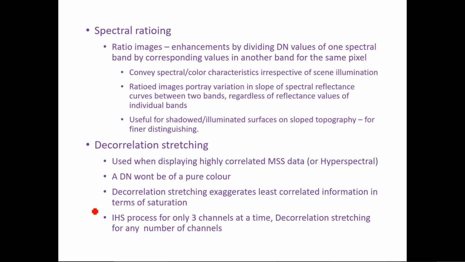So you are exaggerating the least correlated information in terms of saturation. Different saturations of the same color, or different shades or levels of saturation, you can assign to different bands. Is that clear? So that is decorrelation stretching.